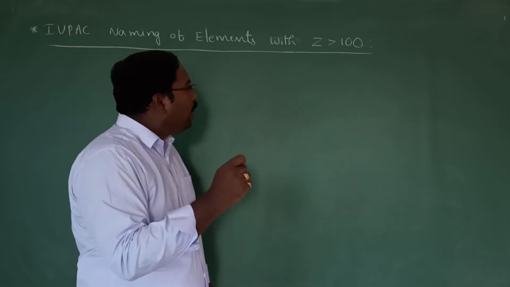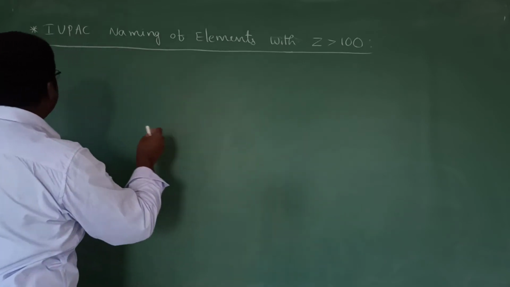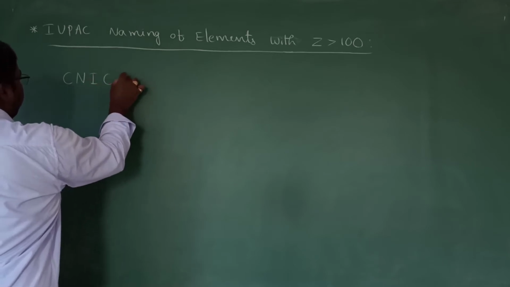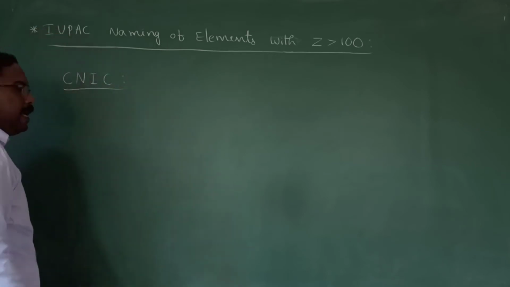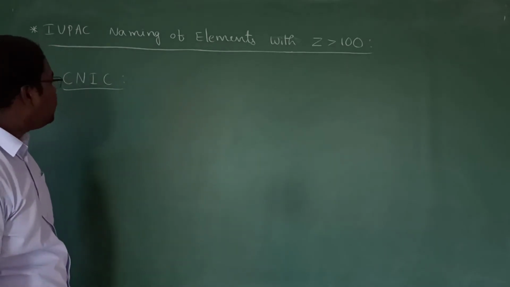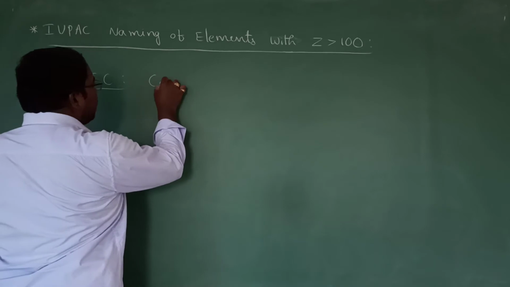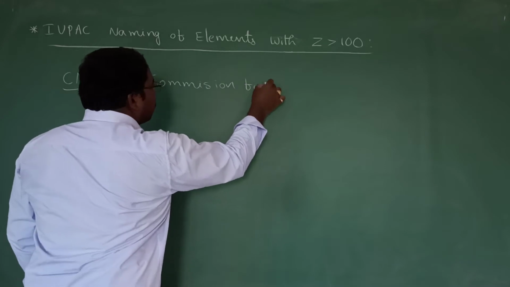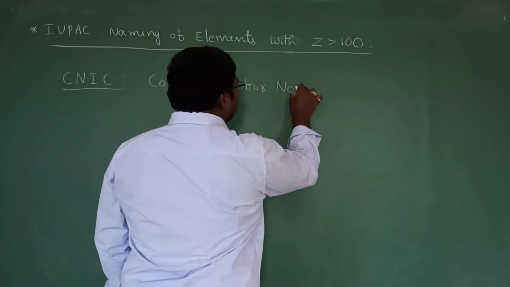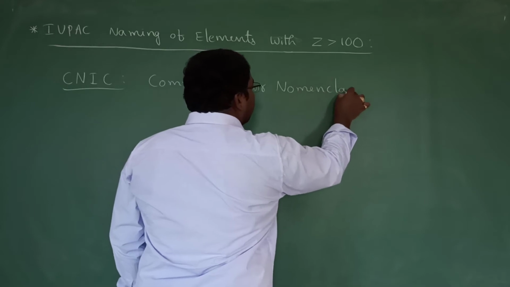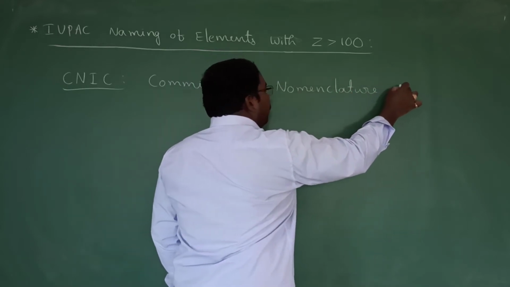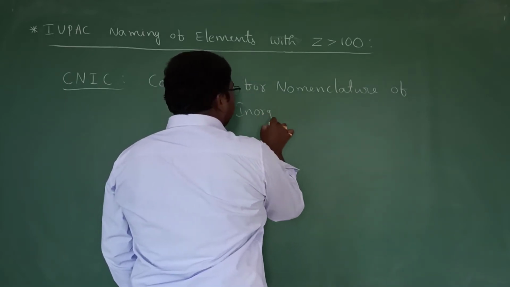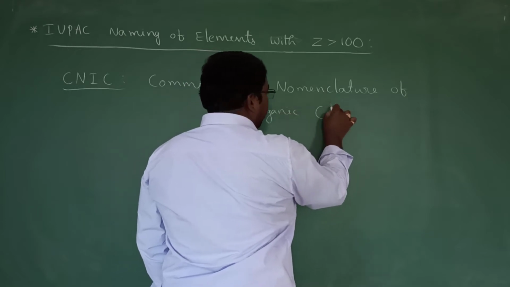Actually, the naming of these elements was given by CNIC, which was appointed by IUPAC. CNIC is nothing but the Commission for Nomenclature of Inorganic Compounds, for inorganic chemistry.